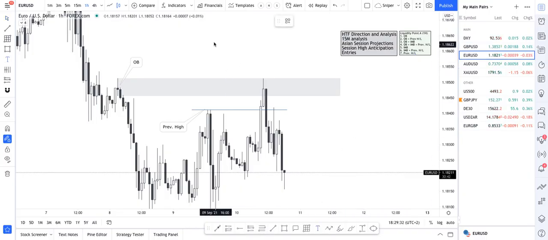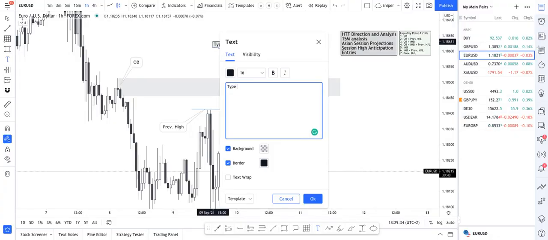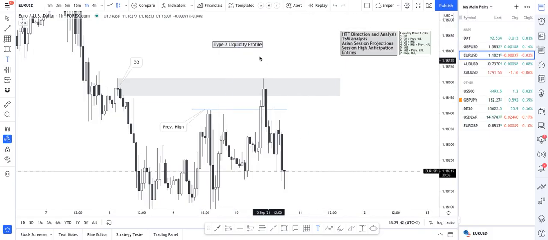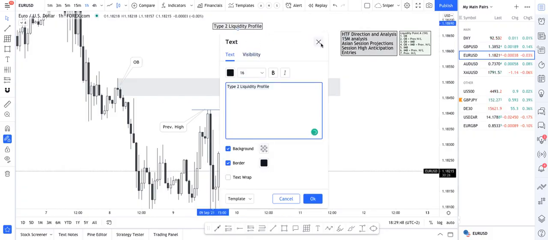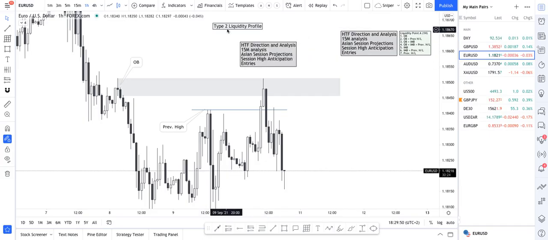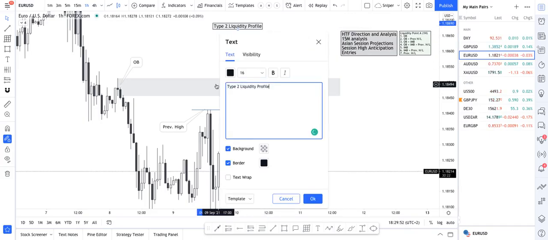So we can just type liquidity profile. Liquidity profile. So we can potentially see that in this, I just want to quickly do this so that it stays there.